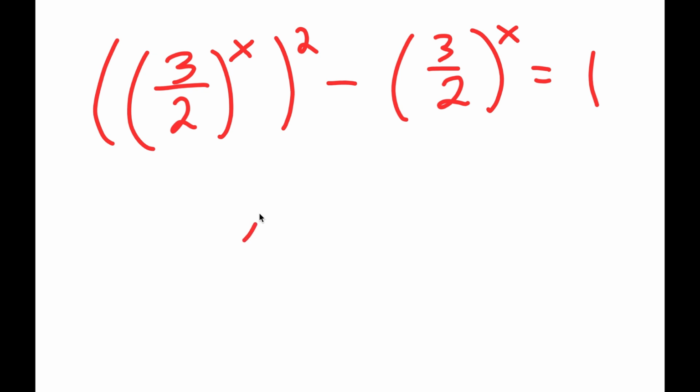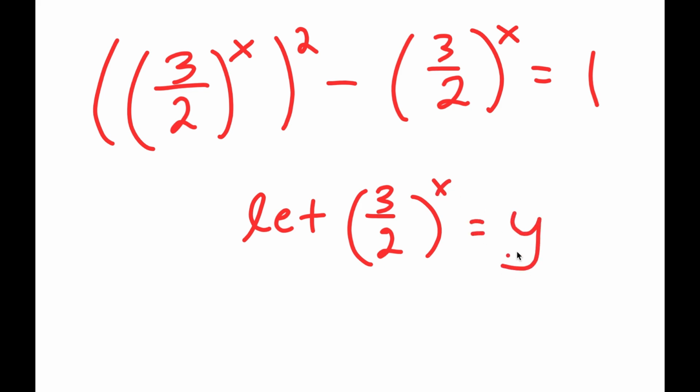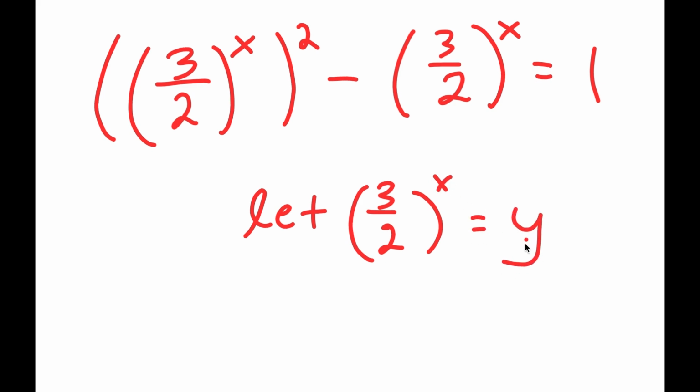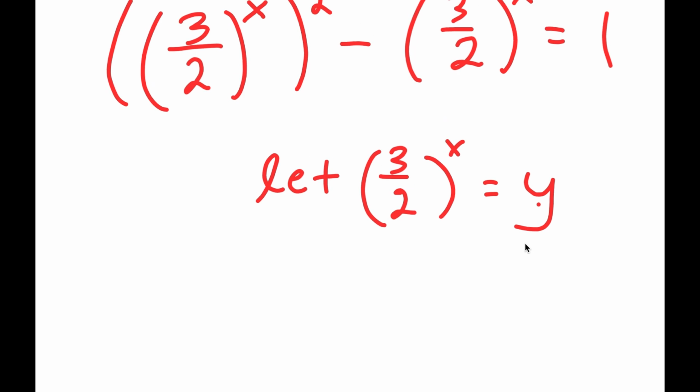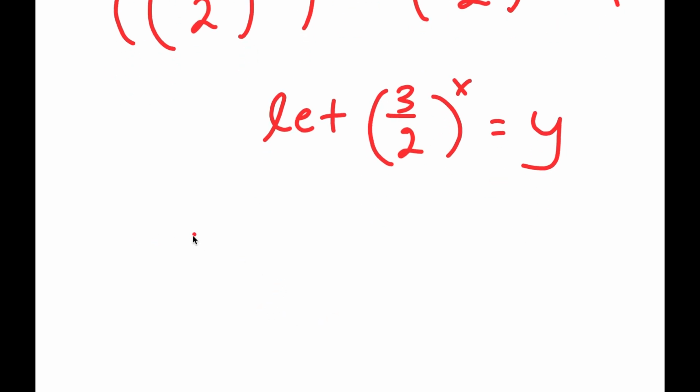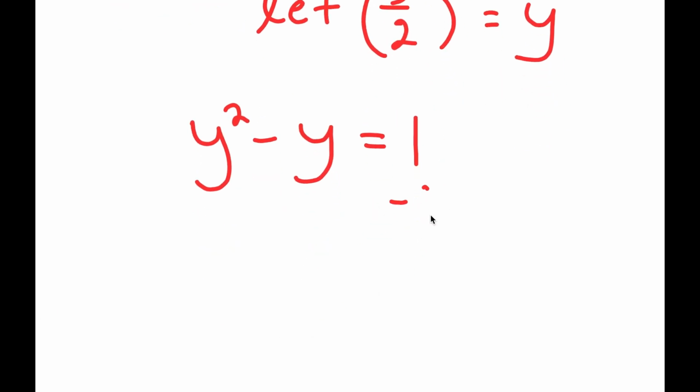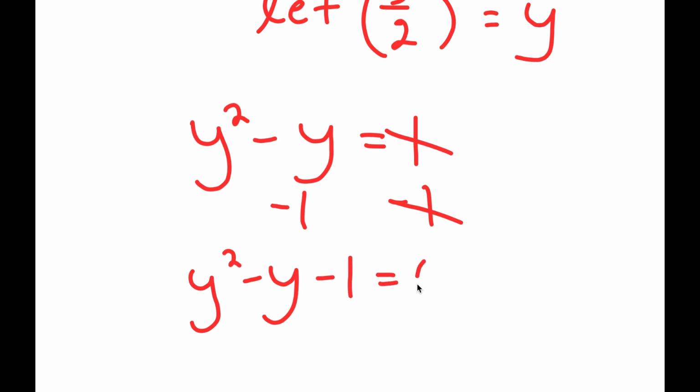Now, from here, I'm going to let 3 over 2 to the power of x equal to y. So 3 over 2 to the power of x, if I substitute in y for that, I get y squared minus y is equal to 1. And now if I subtract 1 on both sides, I get y squared minus y minus 1 is equal to 0.